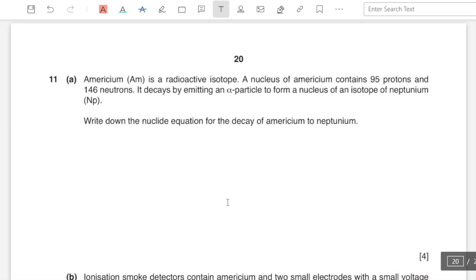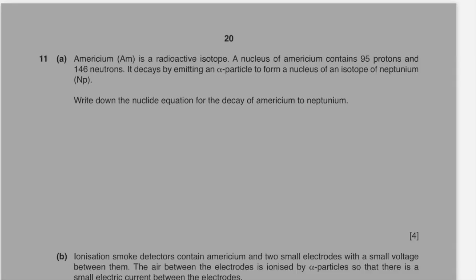Alright, so we have the symbol of americium as this. So the atomic number is 95 and the mass number is the number of protons plus number of neutrons. That would be 146 plus 95, which is equal to 241.